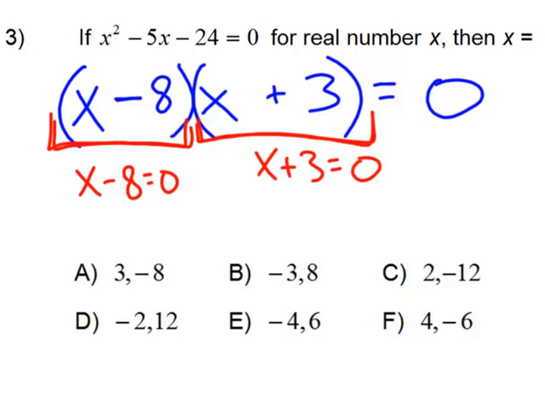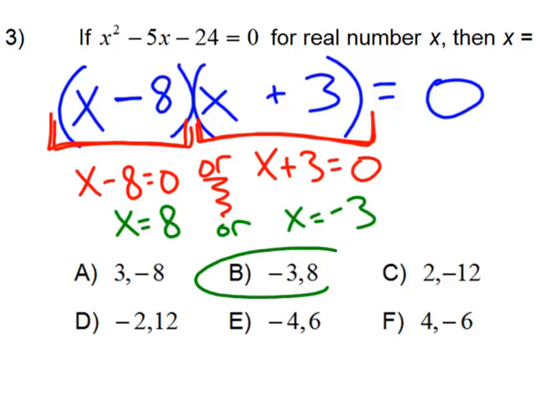So we solve those two smaller equations individually, and we get x equals 8 or x equals negative 3, and we see that our answer choice B is the correct one.